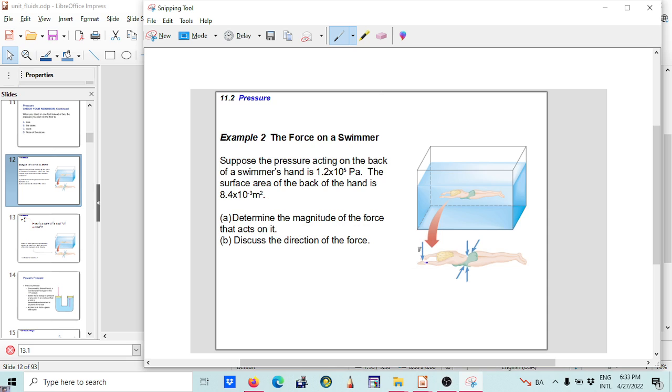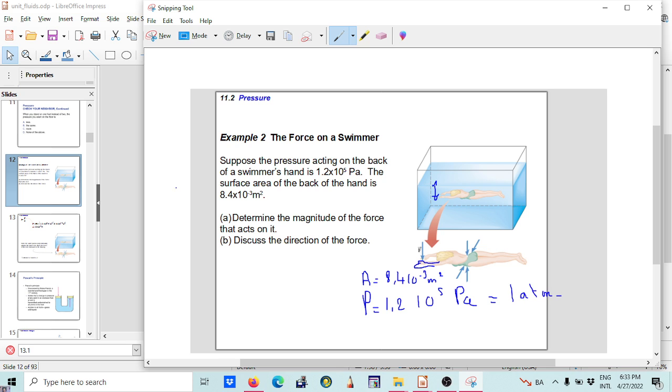So here you have the hand of a swimmer, and the area is given, so it's going to be 8.4 times 10 to the negative 3 meters squared. And you are given a pressure of 1.2 times 10 to the 5 Pascal, which is 1 atmosphere, right?